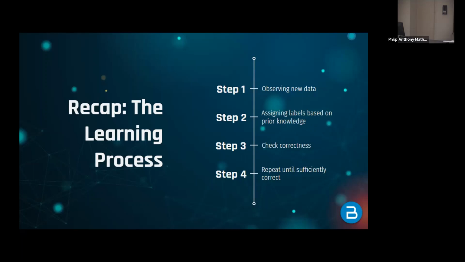We look at the model and go, okay, you really don't know what you're doing, that was entirely wrong. Then you just change the model a bit and keep doing this process until your predictions are sufficiently correct, right? But the key to understanding how you train these machine learning models is specifically in step 3, where we check the correctness of the model.